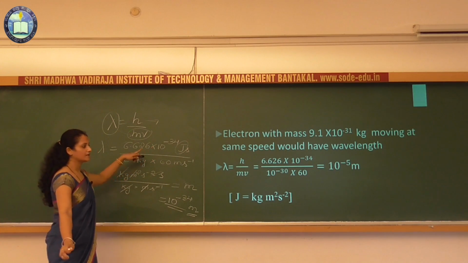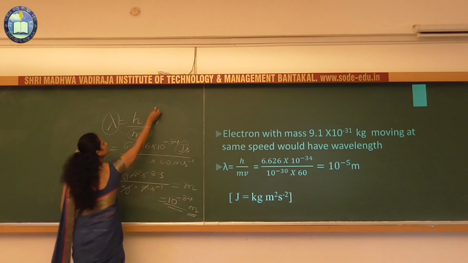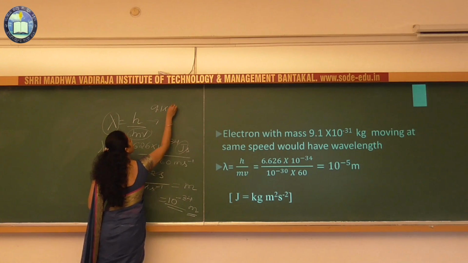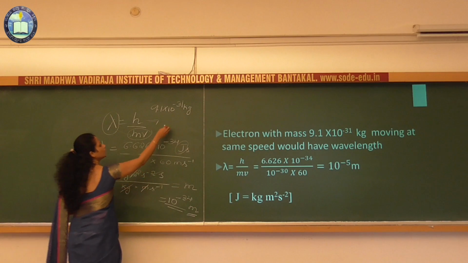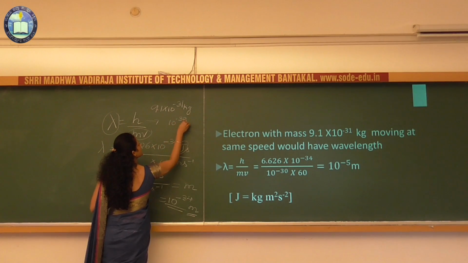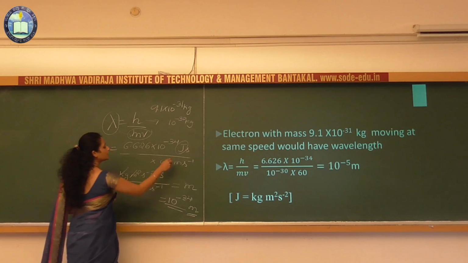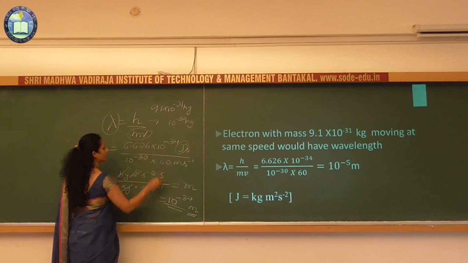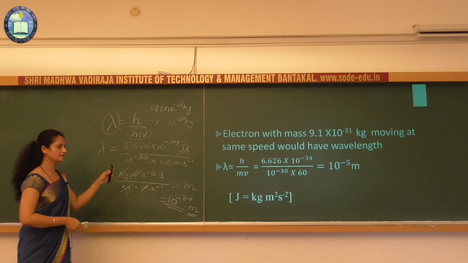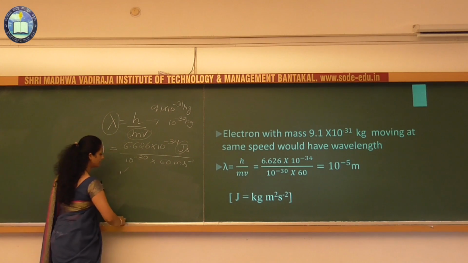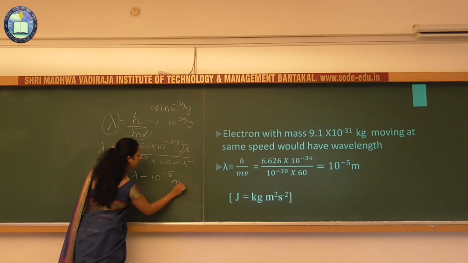The mass of the electron is 9.1 into 10 to the power minus 31 kg, or approximately 10 to the power minus 30 kg. For simplification, we have taken 10 to the power minus 30 into 60. The unit simplification is the same as I discussed in the earlier problem. Then wavelength lambda is equal to 10 to the power minus 5 meters.